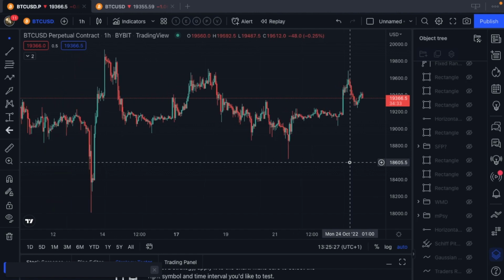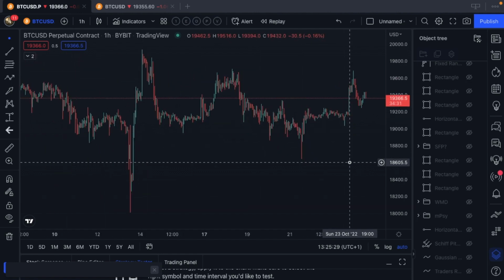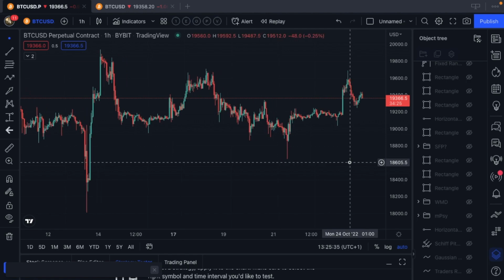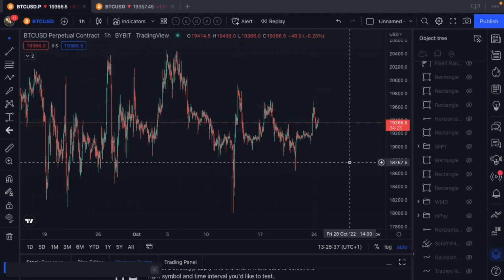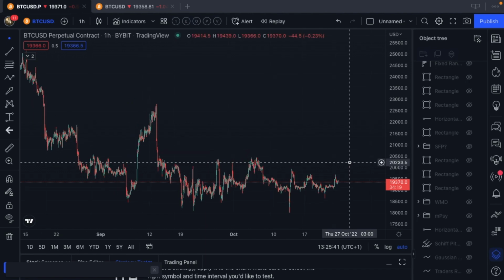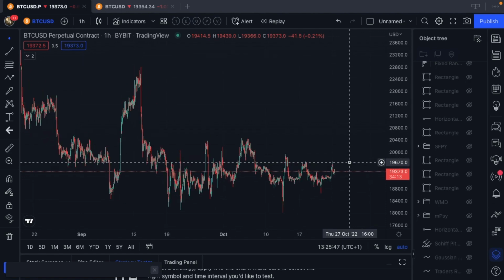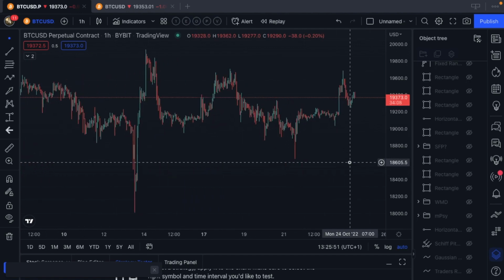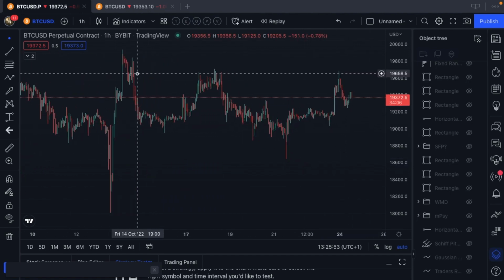These are the guys with billions and billions, the market makers, and they're the ones filling your positions in any trending market. In sideways markets it's tougher to spot these patterns, especially on the macro time frame, but on the lower time frames you can definitely still find this stuff.